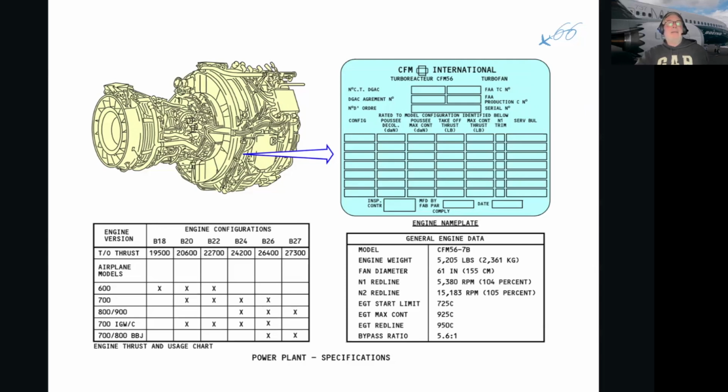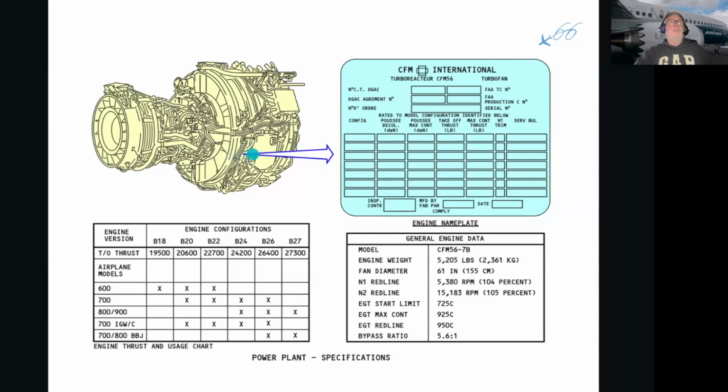It has a data plate on it. The engine data plate is located on the right-hand side of the fan, as you can see. When we are talking about locations on an engine, it's an interesting fact: you're always looking from aft, looking forward, and you use the clock. You can see my pointer here.